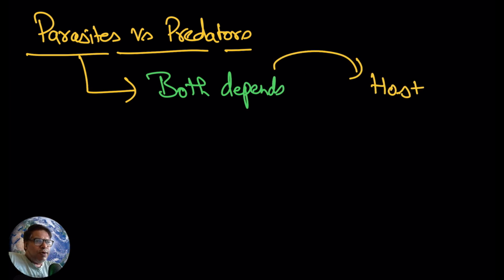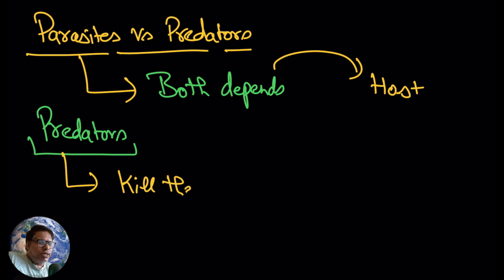Both parasites and predators depend on a host for their survival. In the case of predators, generally they are going to kill their host.